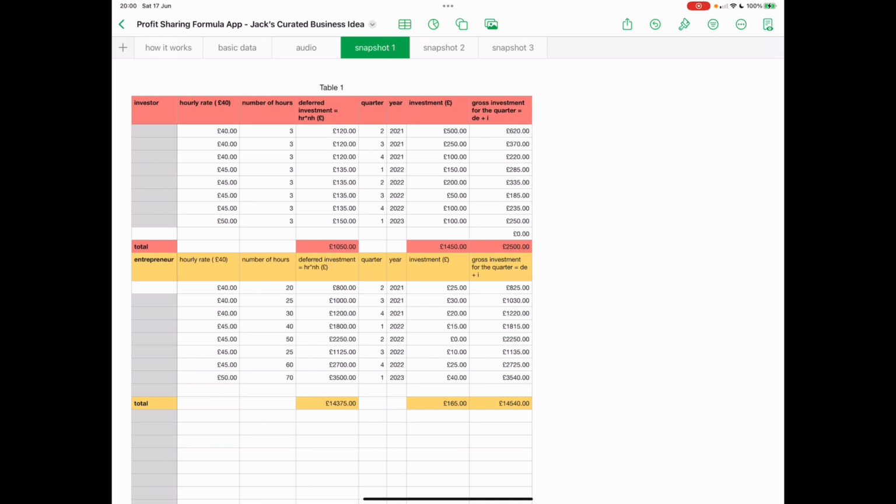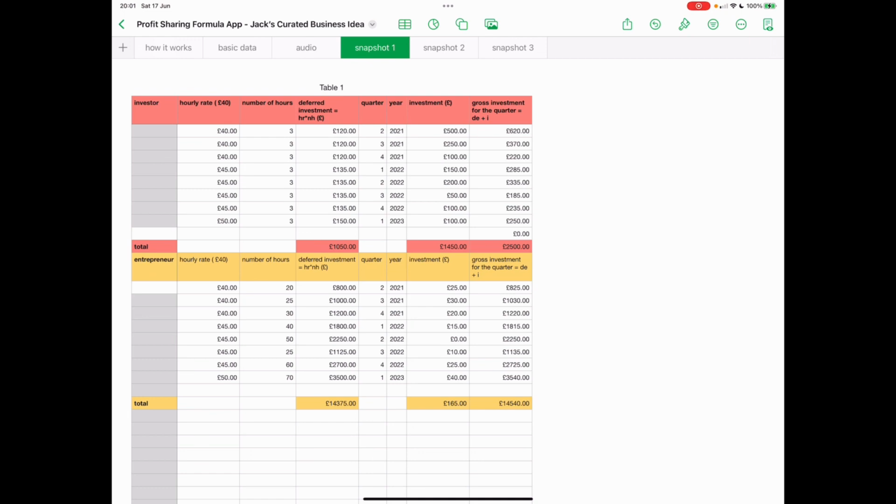So for each quarter, his deferred investment is 3 hours times £45, and that comes to about £135 for each quarter in 2022. For the first quarter in 2023, the hourly rate changed to £50, maybe due to inflation, cost of living, etc. So the hourly rate for both of them changed to £50.